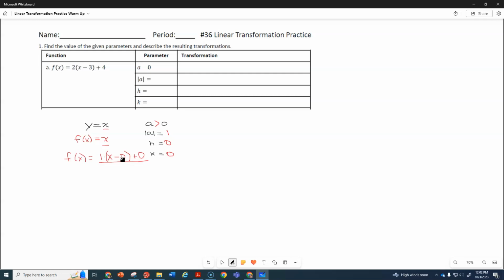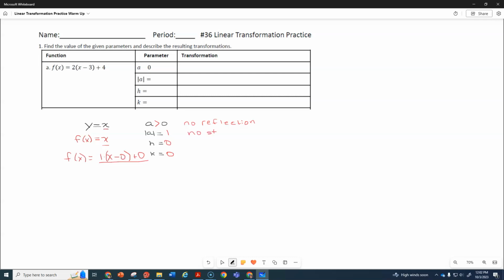So because we know that a is positive, we know that there's no reflection. So under the transformation list right here, I'm going to write no reflection. Because if a was negative, then it would be reflecting about the x-axis, but since a is positive, there is no reflection.